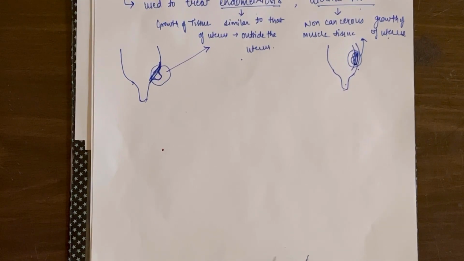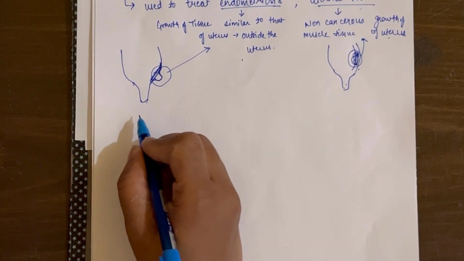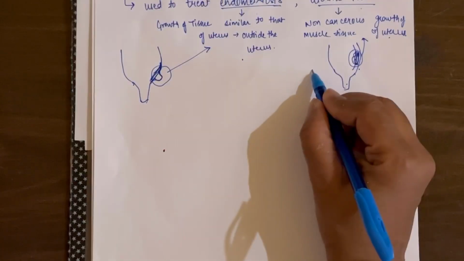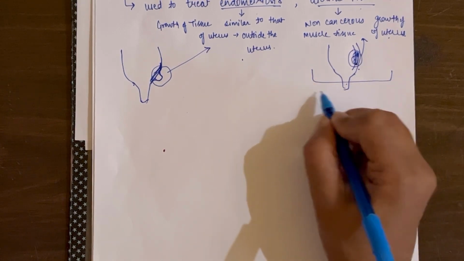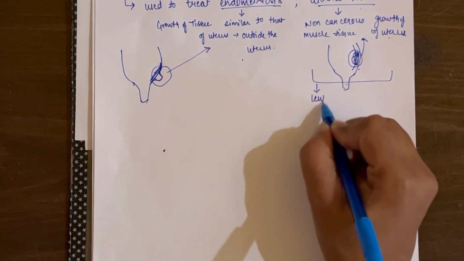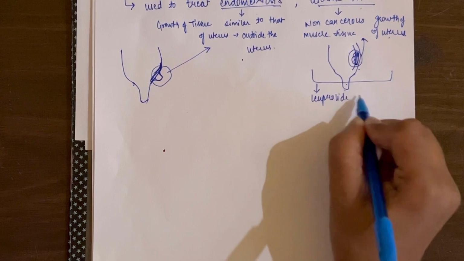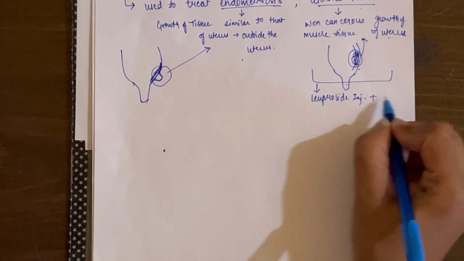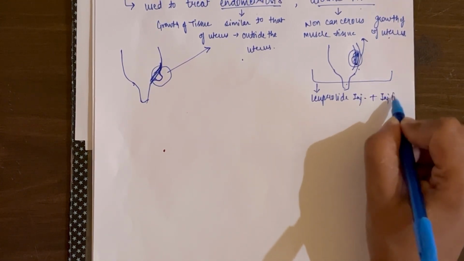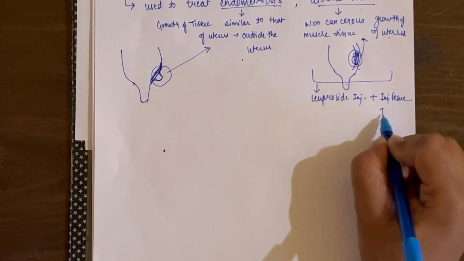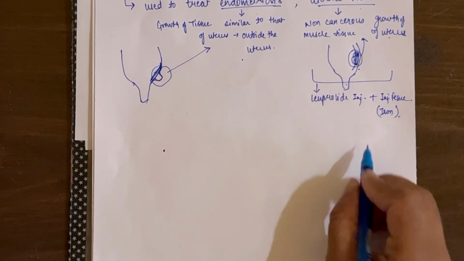So for the treatment of uterine fibroids, Leuprolide injection is given in combination with injection iron sucrose, or is given in combination with iron. Why?